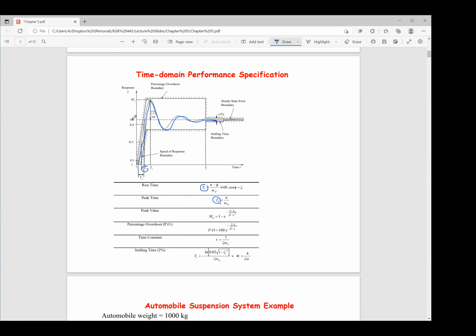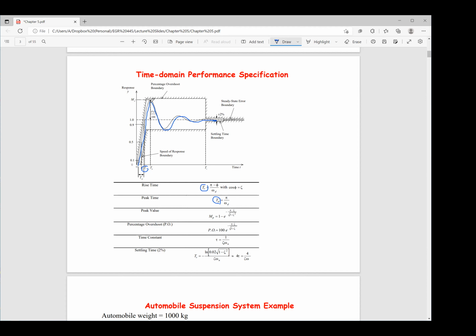So if your system input is 1, you want your system output to go to 1. Rise time is how much time it takes to reach 90%. Depending on what you are trying to see, some textbooks talk about 95%. So that is the rise time.